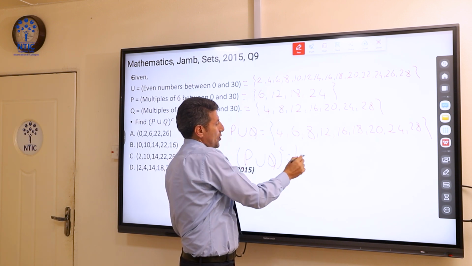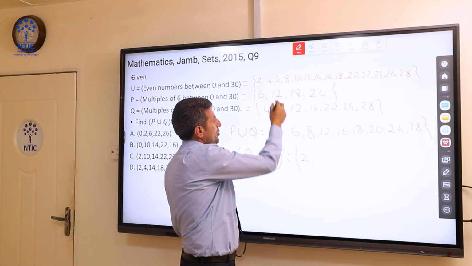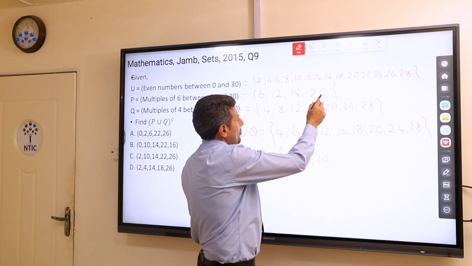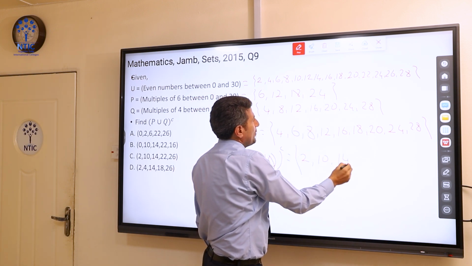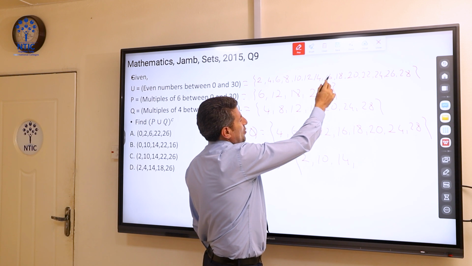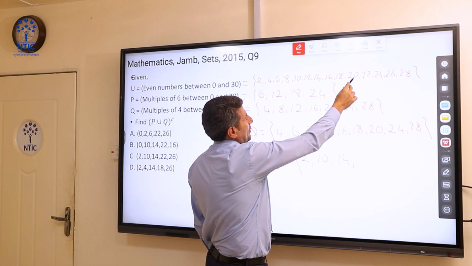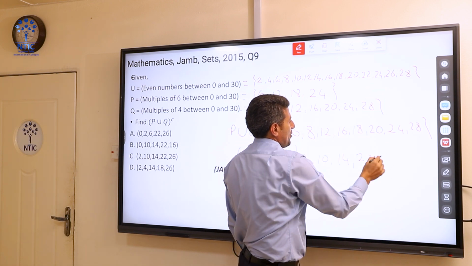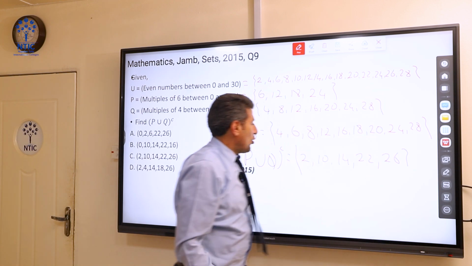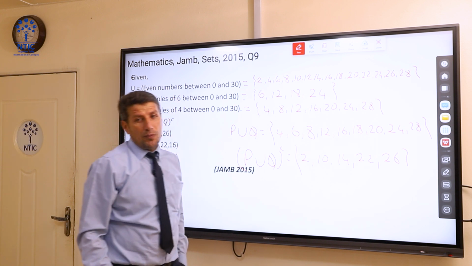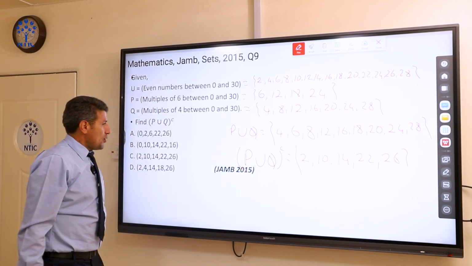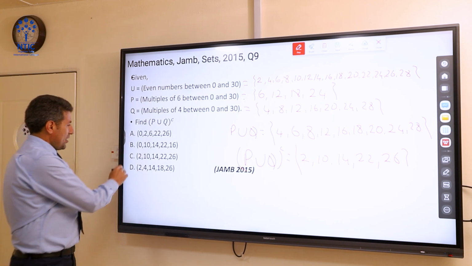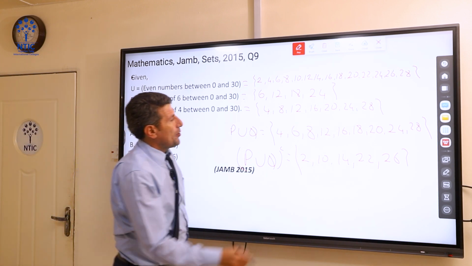So 2 is not here. We cannot see 10. Then we cannot see 14 inside this set. We cannot see 20, 22. Then we cannot see 26. So this is the complement of P union Q. Okay? So that is option 2, 10, 14, 22, and 26. That is option C.